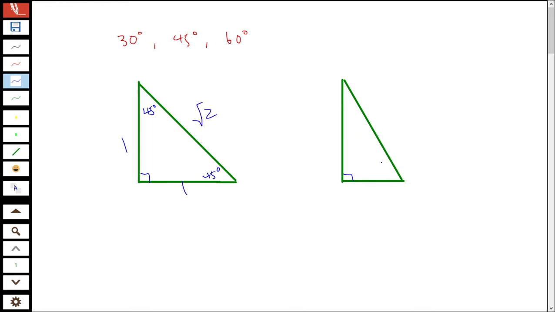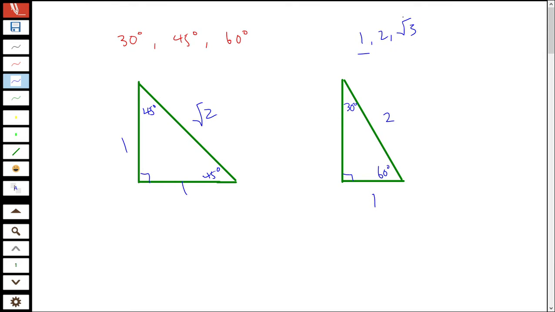And for this one, we're going to have 30 degrees as a smaller angle, and 60 degrees. And remember, the sides are 1, 2, and root 3. The largest one is going to be 2, which is my hypotenuse. And whatever's across from the 30, because that's a smaller angle, that's going to be the smaller number, so 1.